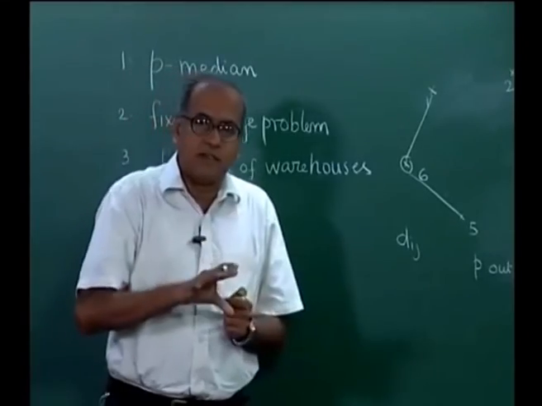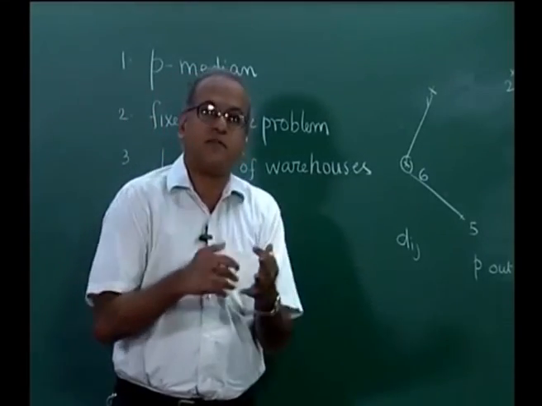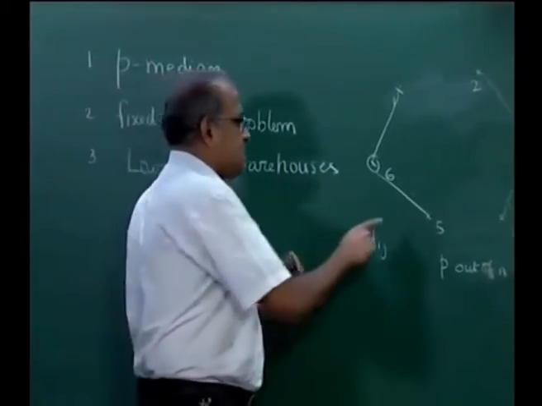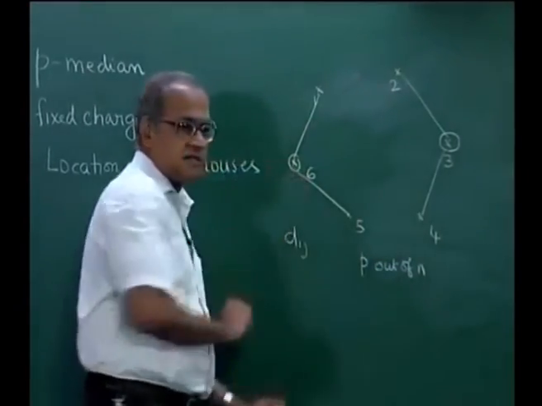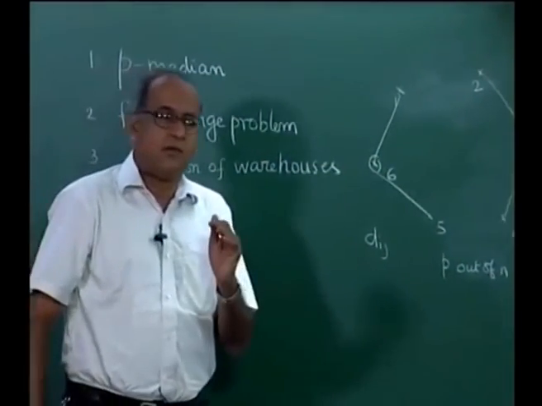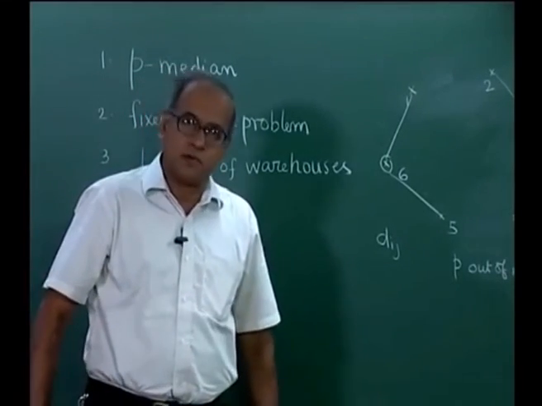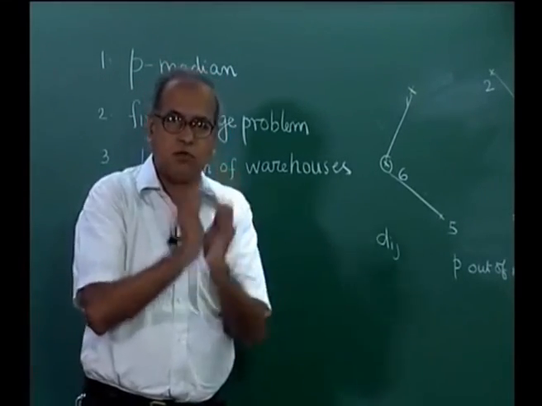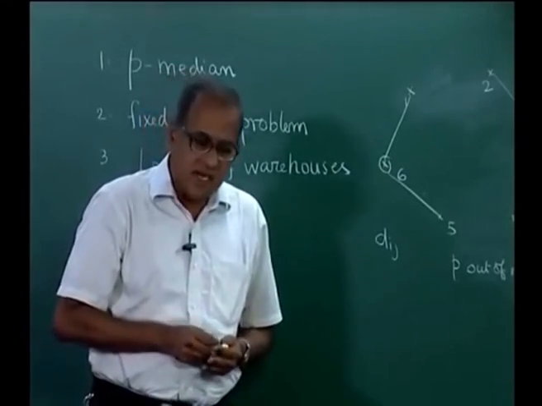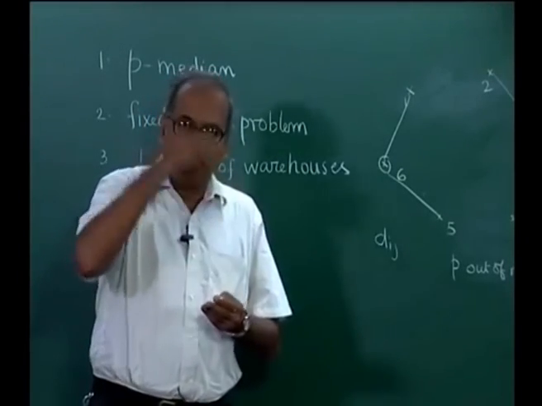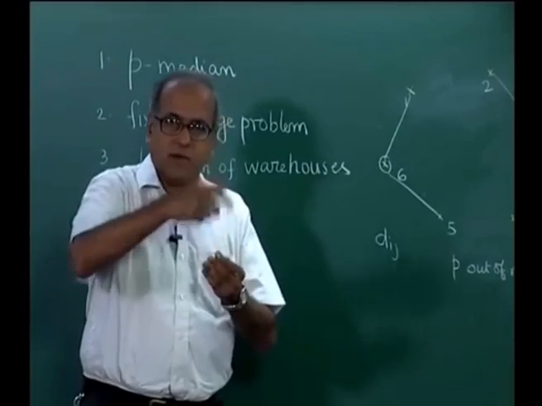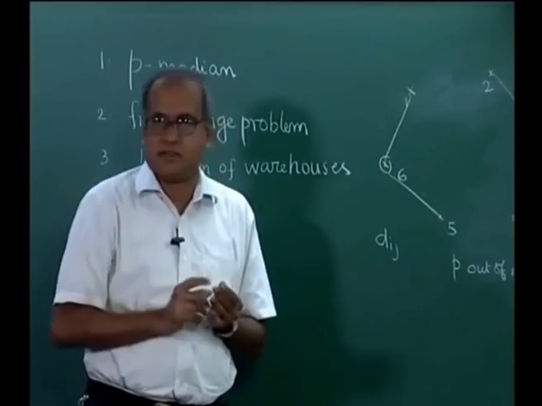Now, what is the relevance of the P median problem in the context of what we are looking at? We could say that here are 6 customers. Now, we want to establish say 2 factories, P equal to 2. We want to establish 2 factories such that we are able to meet the customer demands based on distance.